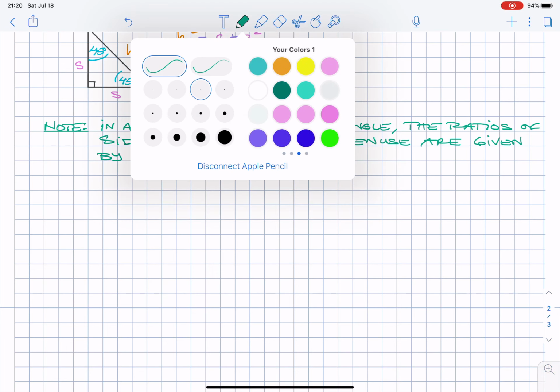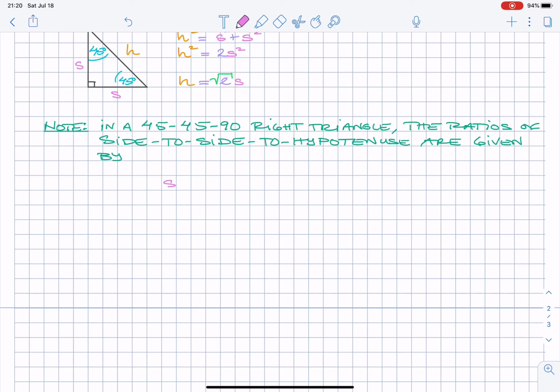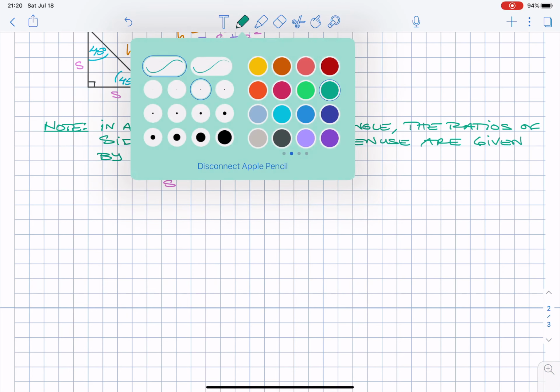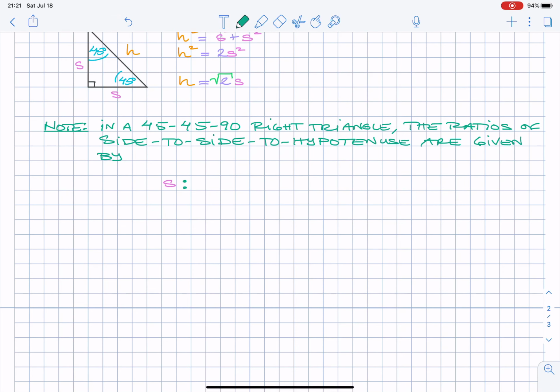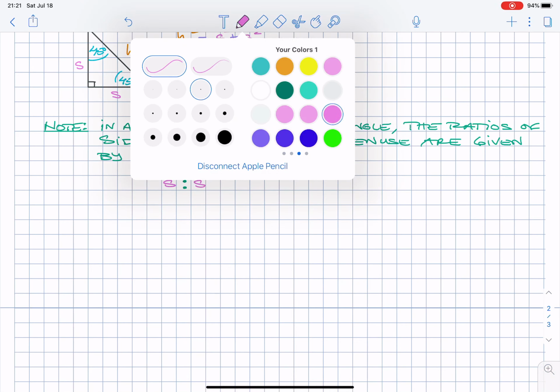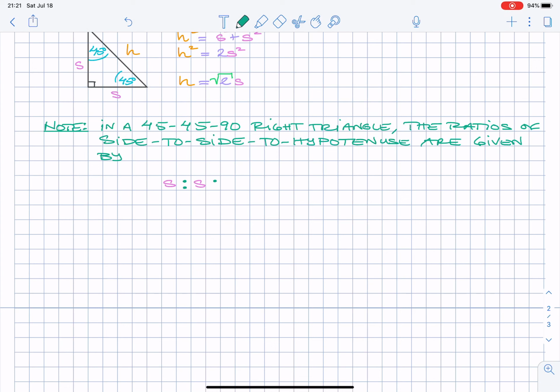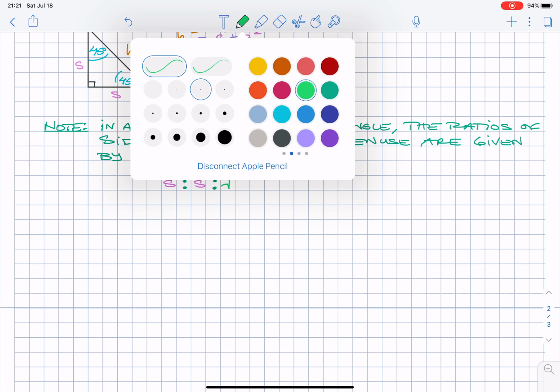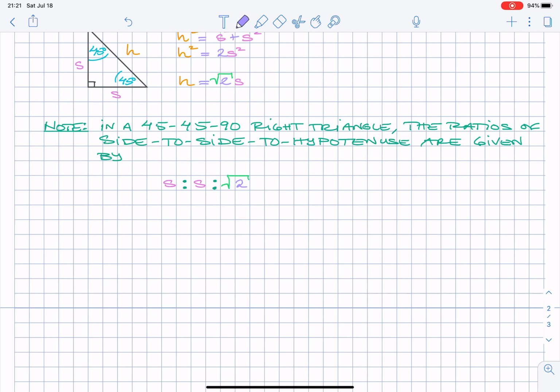okay, well, it looks like we have side S to side S, because both sides are the same length, to hypotenuse. The hypotenuse had length the square root of 2 times S. Okay, so whatever S is, this is the ratio.